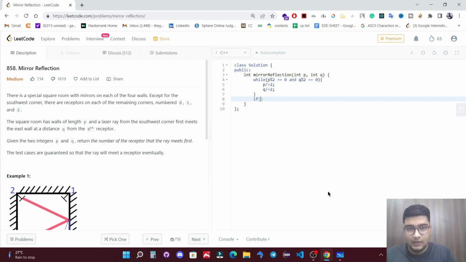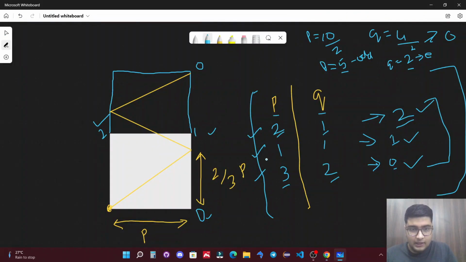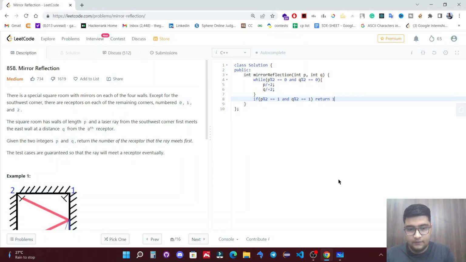So what are these three conditions? Let's quickly write. If p modulus 2 is equal to 1, it means p is odd, and q modulus of 2 is equal to 1, it means p and q both are odd. So what is a possible case for this? 1 and 1, both are odd, so we will return 1 here. Now let's write the second condition.